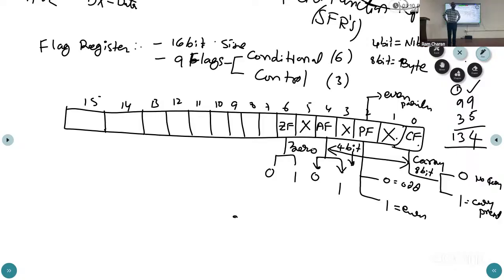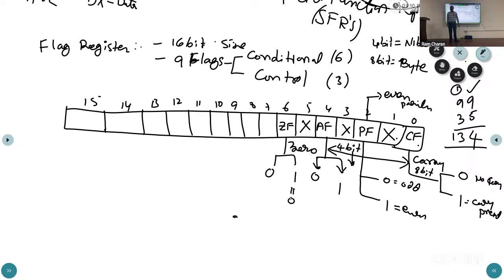Divisions, 0 by something, 0. 2 minus 2, 0. 0 into something, 0. So in all those cases we are getting the 0. So how does the processor know the 0? Whenever in arithmetic operations, the result will get automatically, this flag will be set.